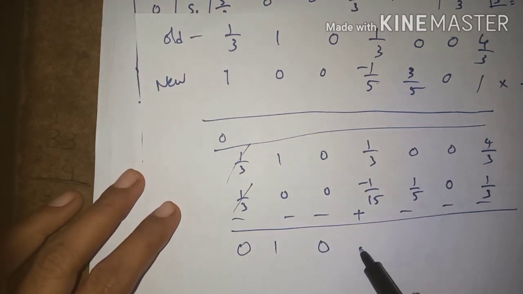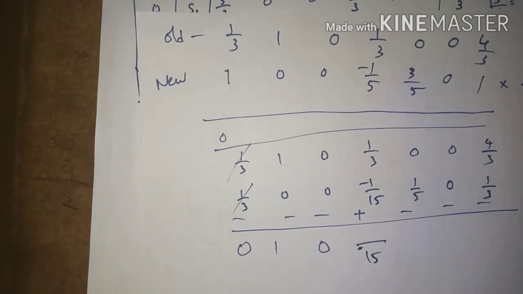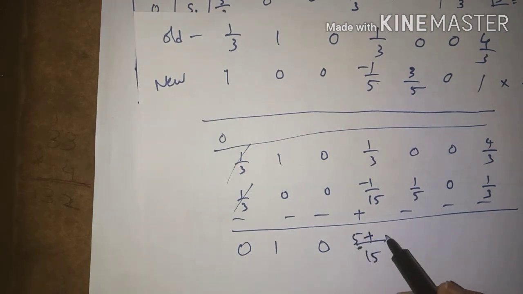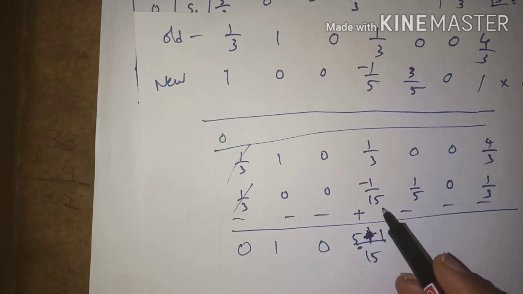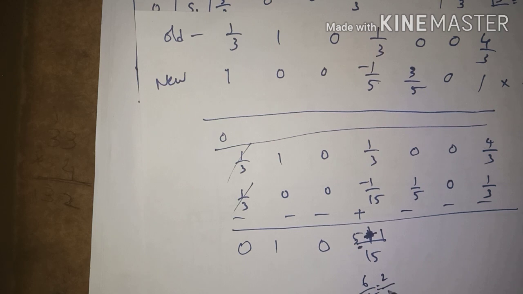Now the LCM is 15. 1 by 3 plus 1 by 15: 3 ones are 3, 5 ones are 5, minus 1 plus 1, so 5 plus 1 is 6 by 15, which is 2 by 5. Then here minus 1 by 5, 0. LCM is 3. 4 minus 1 is 3, and 3 by 3 is equal to 1.